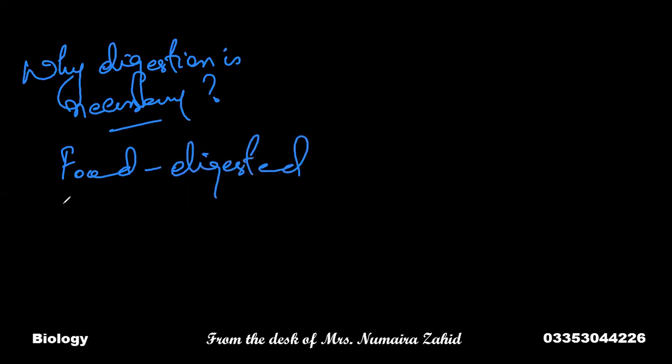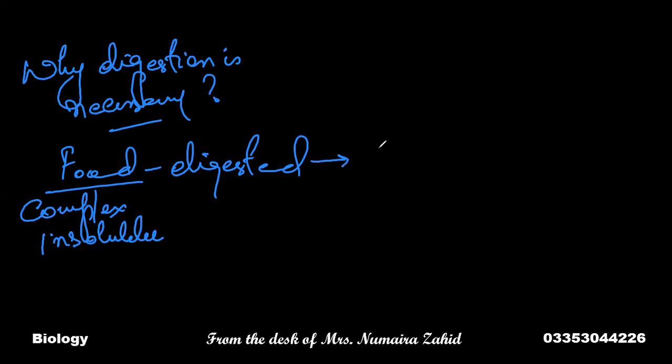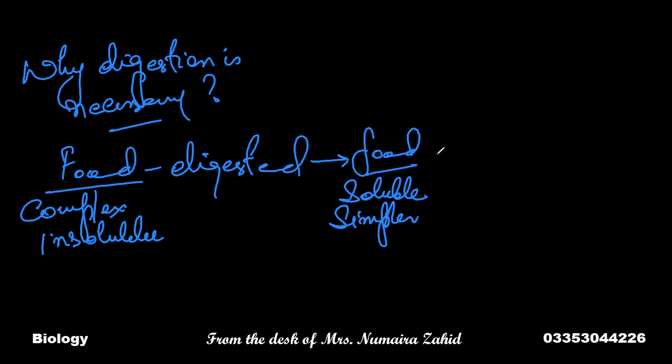We take a solid, complex food which is insoluble, and it is then digested through our digestive system, and that food becomes soluble. Now the food is soluble and simpler. Now this food will be absorbed into the blood, because it is simple and soluble.